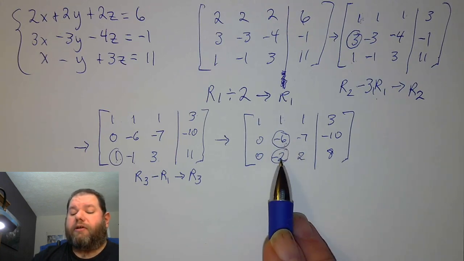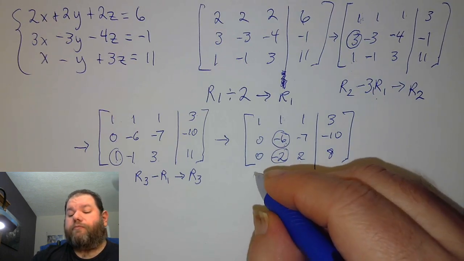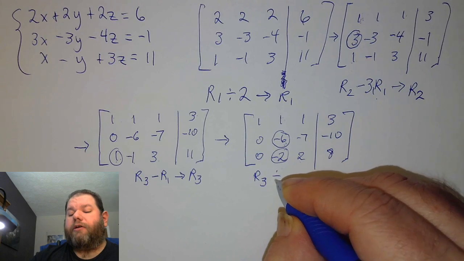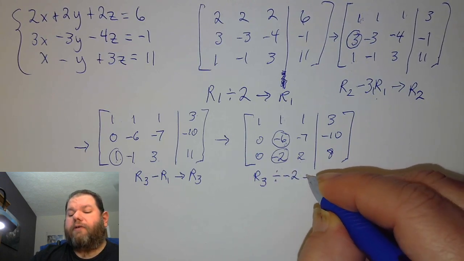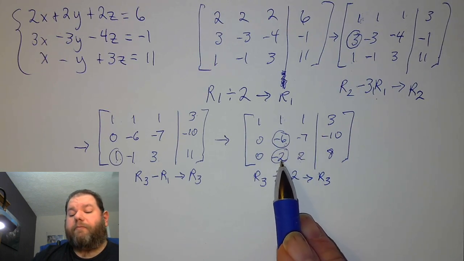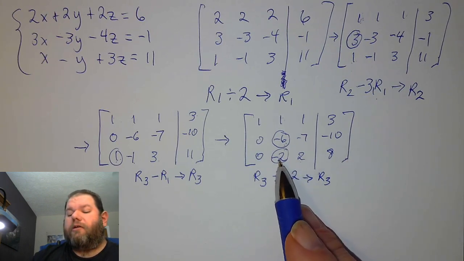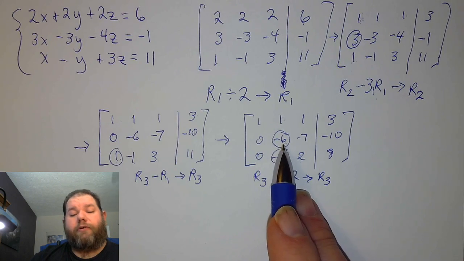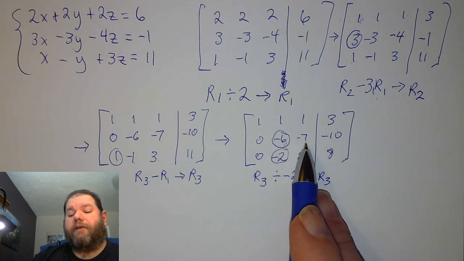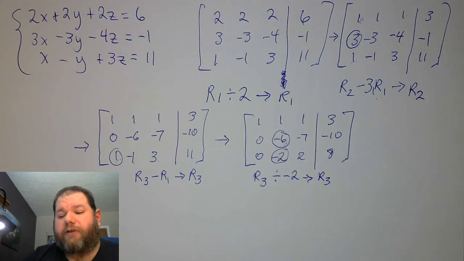But individually, we see that all the numbers are even on row 3. So we can take row 3 and divide everything by negative 2. And that would make that a 1. Okay? That's probably the easiest way. We can't do that with row 2 because if we divide everything by negative 6, we make a whole bunch of fractions happen. Now, we could work this with fractions, but no one really wants to do a matrix with fractions. So we're just trying to work around that.